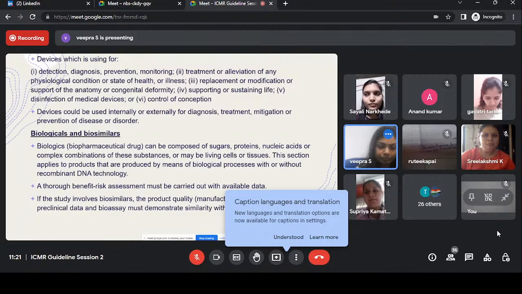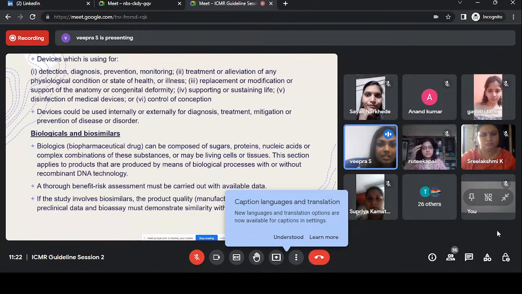Biosimilar means it is also a biological medicinal drug, which is almost an identical copy of the original product but manufactured by another company. When you discover a product, you get patent protection for the product.